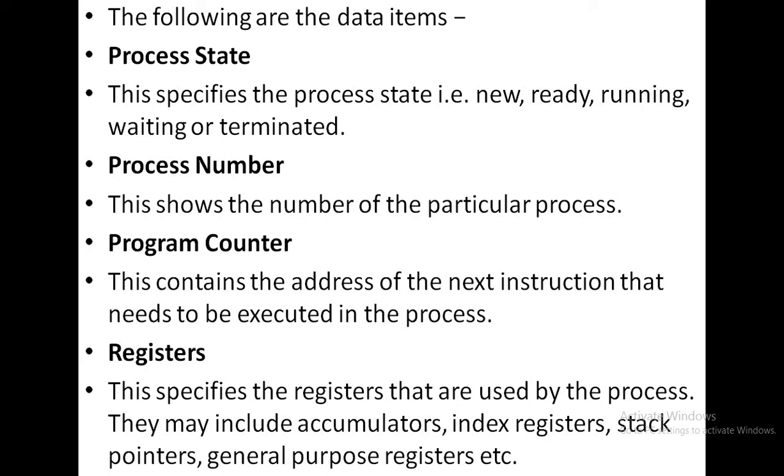That means whenever we execute a process, a number of codes or instructions get executed inside the process. So the program counter defines the address of the next instruction that needs to be executed inside the process. Okay. So next is registers.